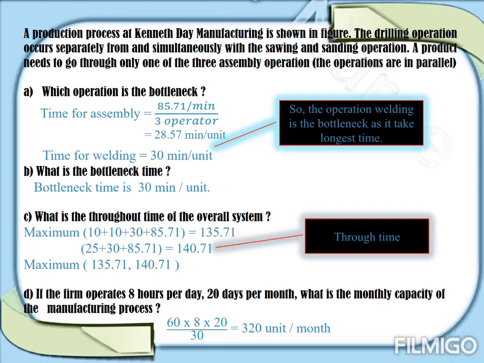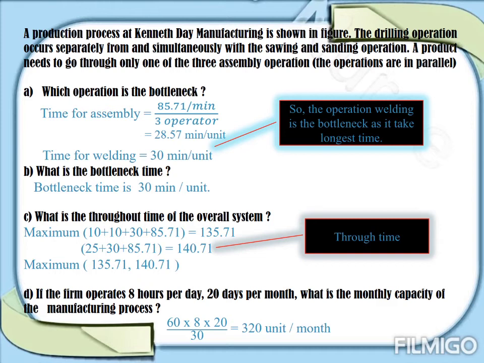That's why we can identify two possible pathways: the first, sawing, sanding, welding, assembly, and the second, drilling, welding, and assembly.